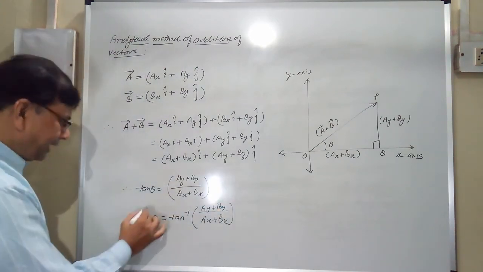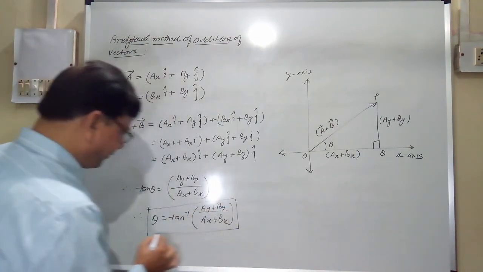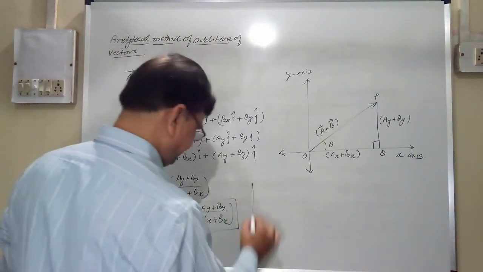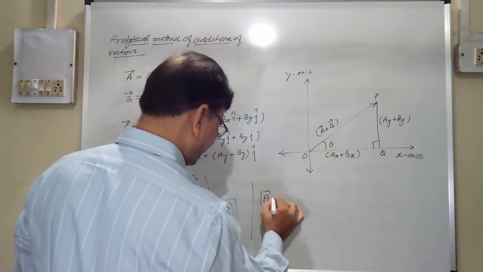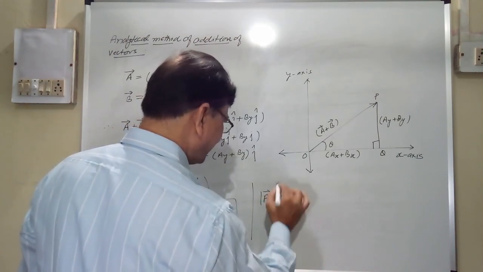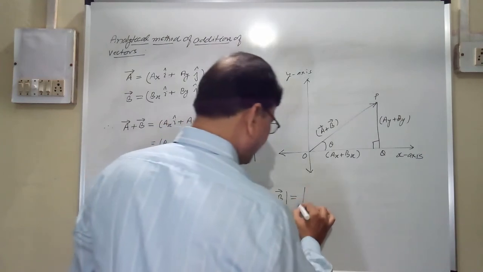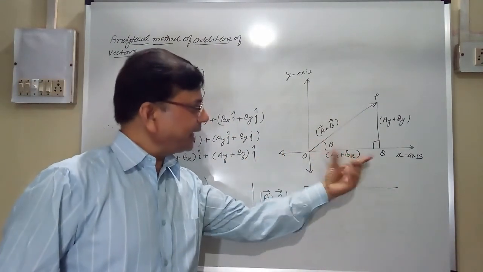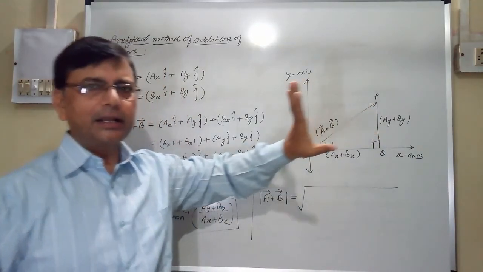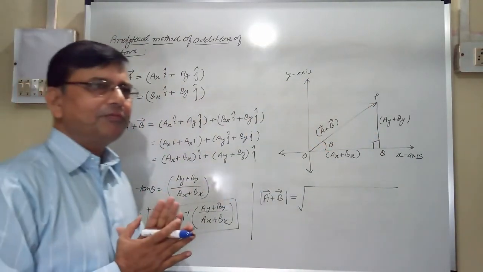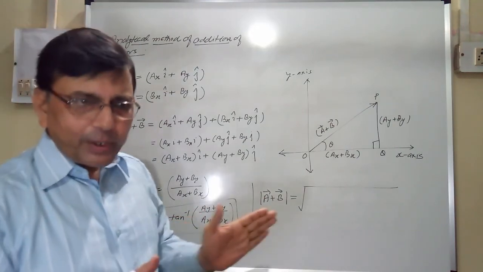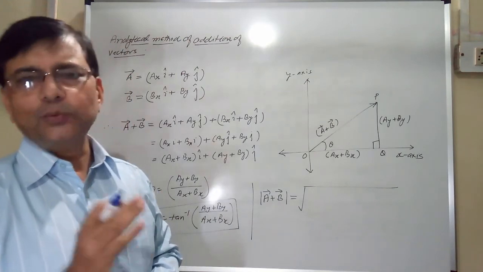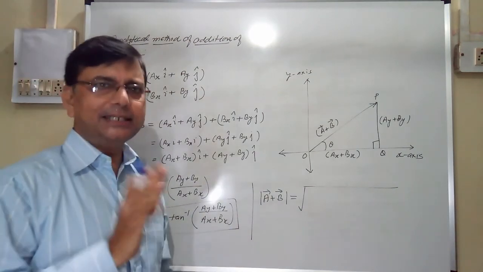This is the analytical way of finding the direction. For the magnitude, mod of vector A plus vector B is equal to under root of the length of this squared plus the length of this squared. If the components along the x-axis and y-axis are known, then the direction as well as the magnitude is very easy to find.